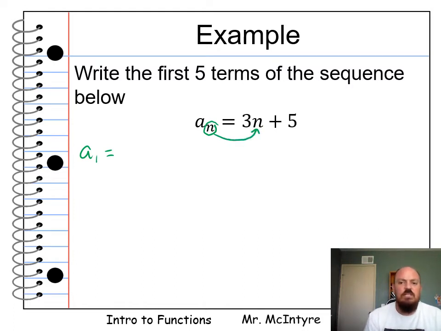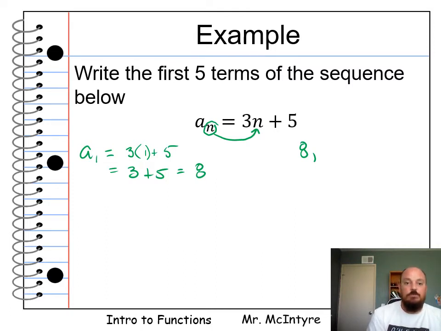It's kind of like using f of x. So if I want to find A1, I'm going to substitute 1 for n. That would be 3 times 1 plus 5. 3 times 1 is 3. So it's basically 3 plus 5, which is 8. So the first term in my sequence is 8.